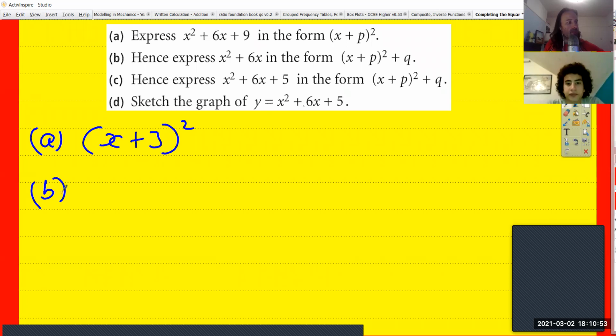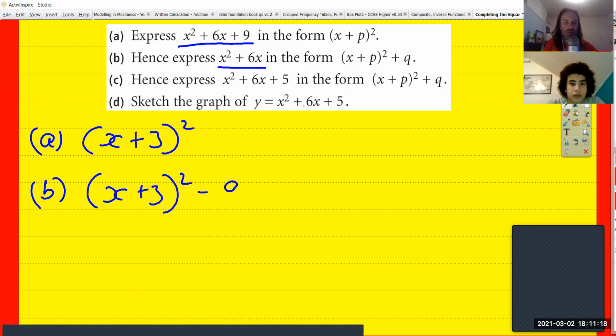How would you change this into this? It would be x plus 3 squared minus 9. That's it. Minus 9. How about C?